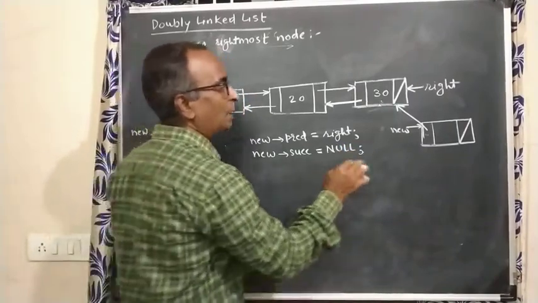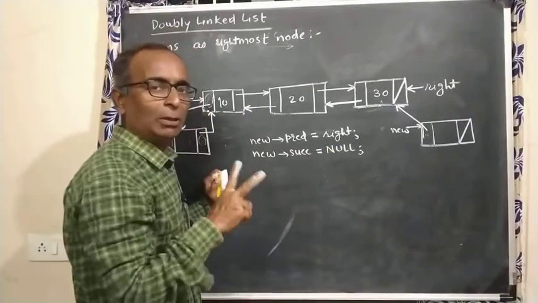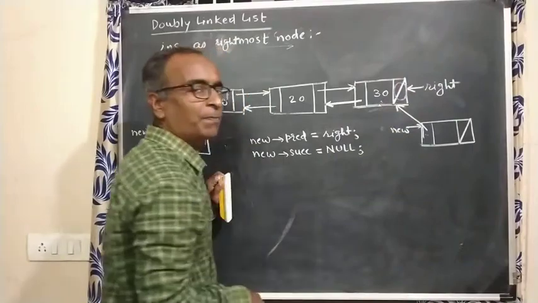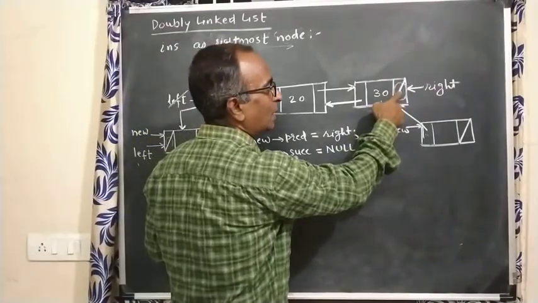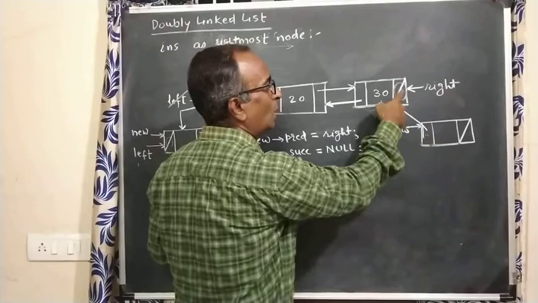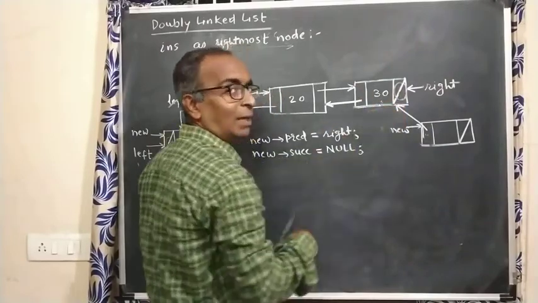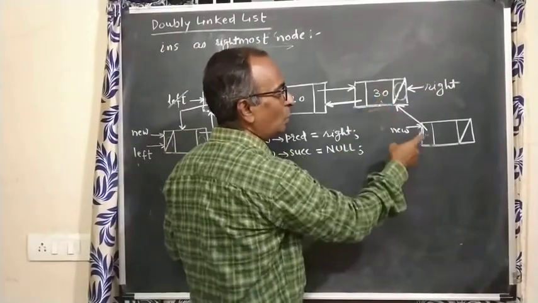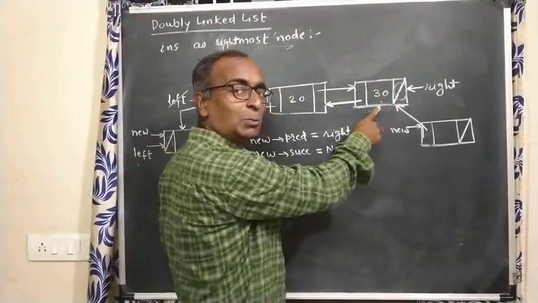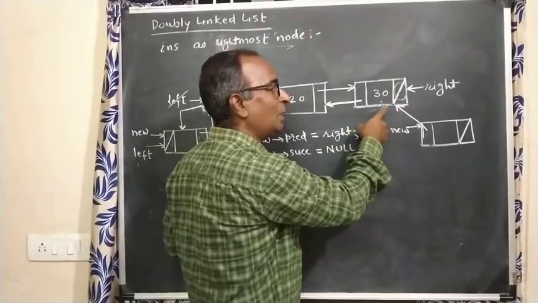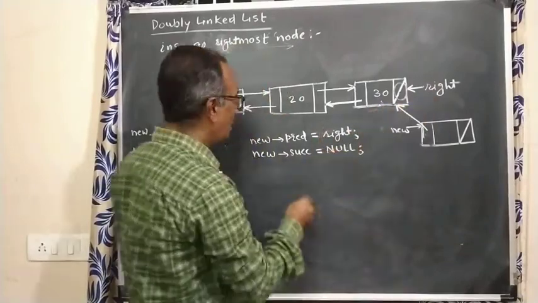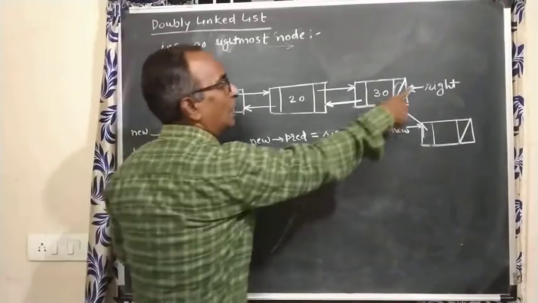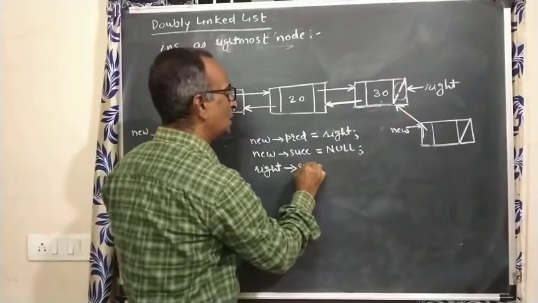Then 2 pointers we have adjusted for the new node. Now remaining 2, this you want to access, because this should point, its successor after insertion will be this node. How to access this? This node's address. Now how many ways are there to access this? Either with right, which is pointing to this node, or new's predecessor also is pointing. Either this pointer field you can use or right you can use. Keep in mind. So this field, successor field you are setting.